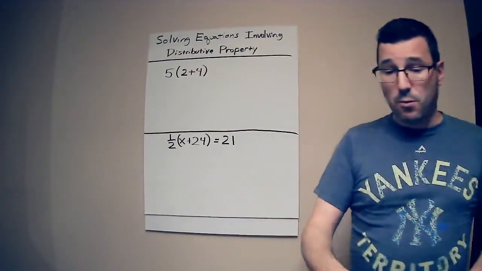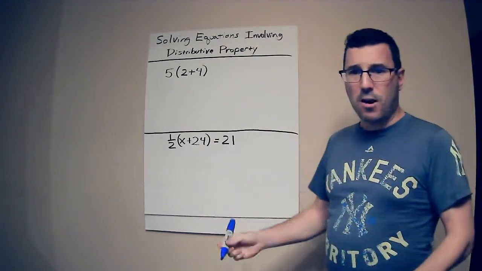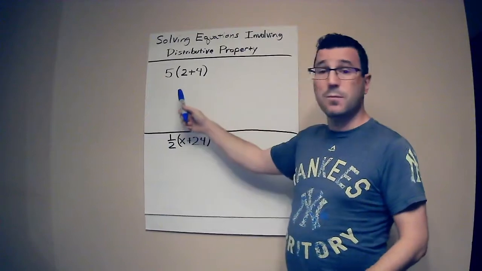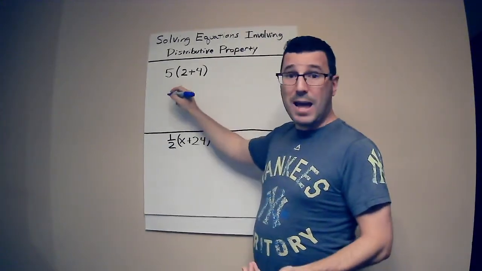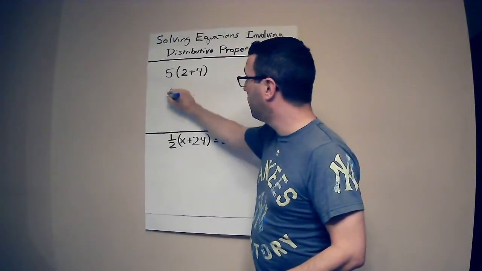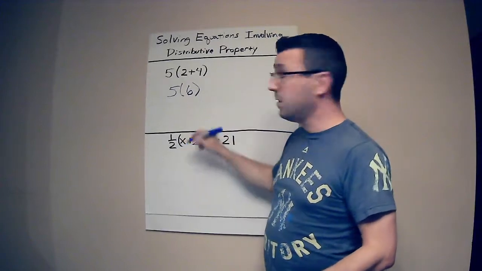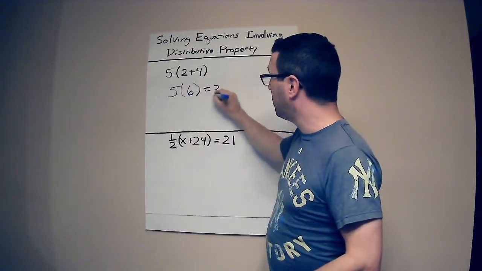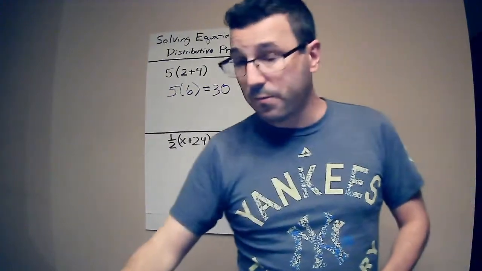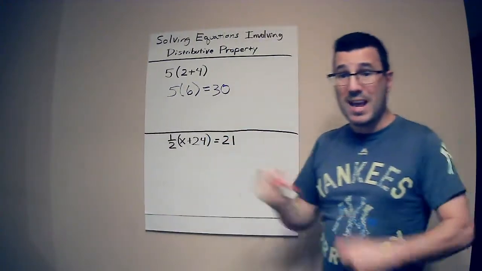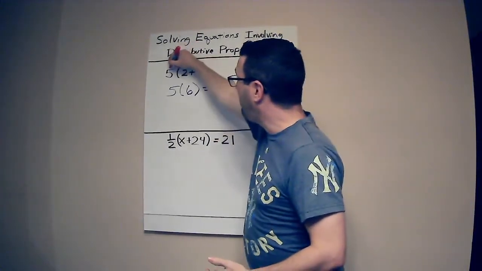For example, this first example has no variables: 5 times (2 plus 4). Normally we would add 2 plus 4 to get 6, then 5 times 6 is 30. But we can actually multiply everything in the parentheses by 5.